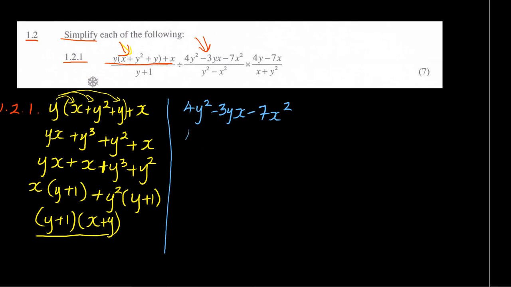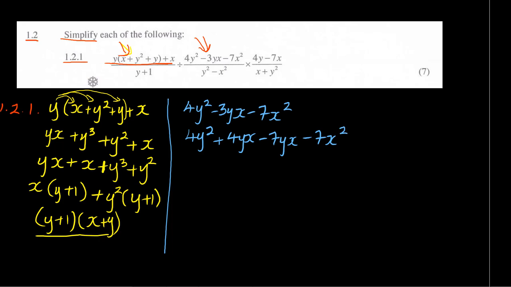So you are going to have 4y squared plus 4yx minus 7yx minus 7x squared.